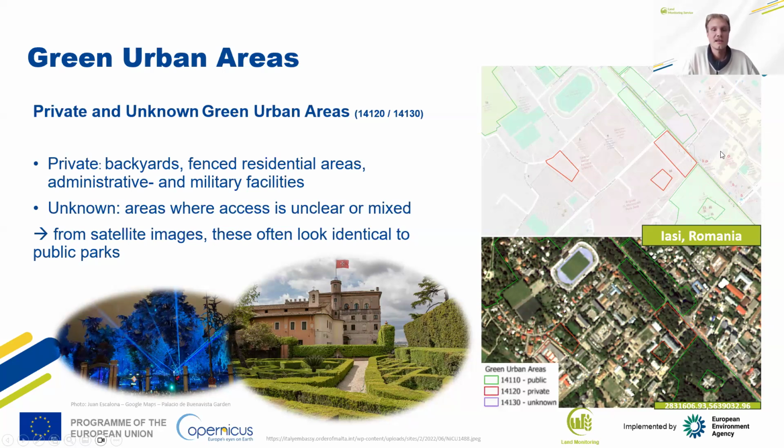So fortunately, not many green areas in Europe are private, which is nice. Some of them look accessible, but it's still unclear in reality. So mapping those differences would avoid overestimating the green space availability.